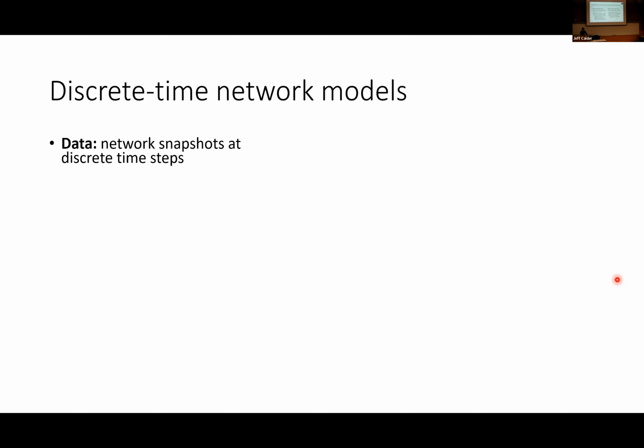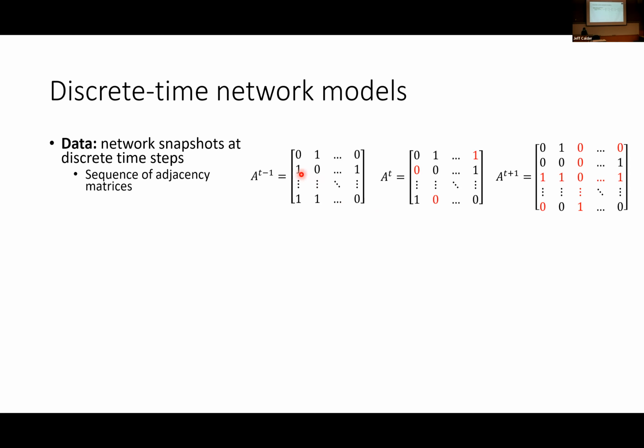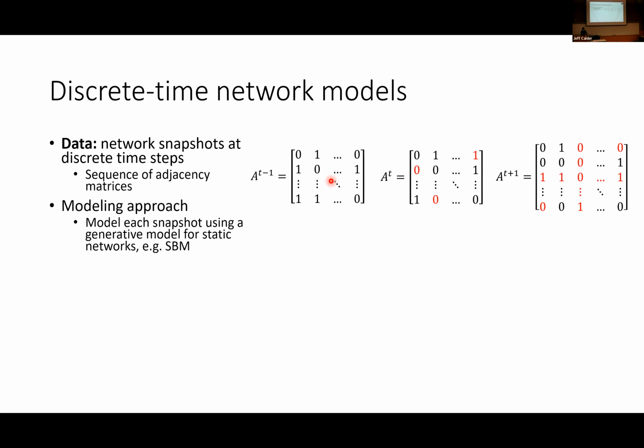And so I want to briefly summarize the discrete time network models. It's not the focus of this talk, but there's been a lot of research done in this area. So here you have network snapshots at these discrete time steps, which you can model as, let's say, a sequence of adjacency matrices, which can change in size as nodes enter and leave the system.